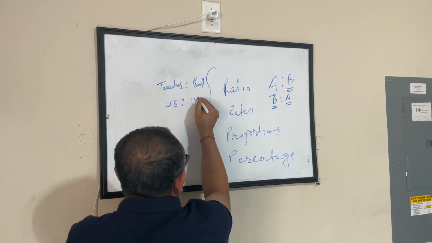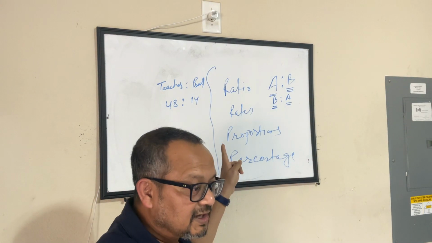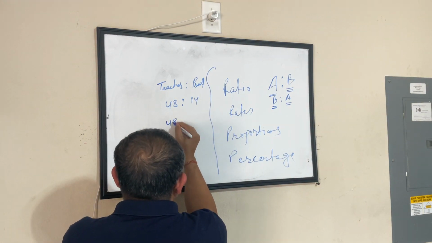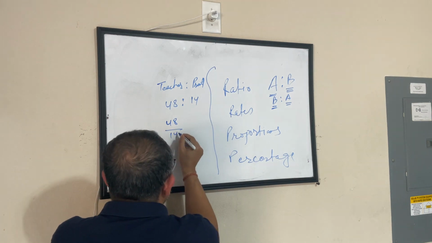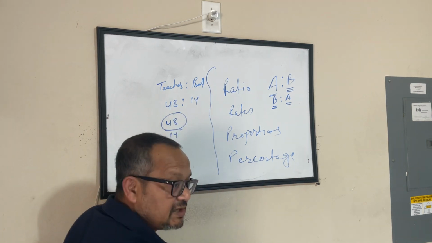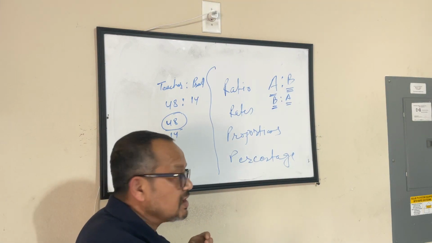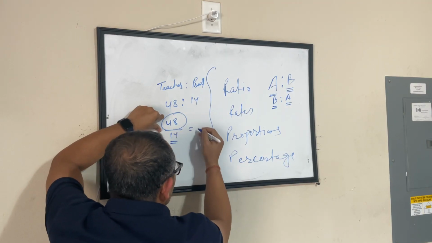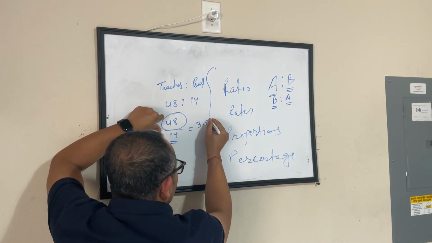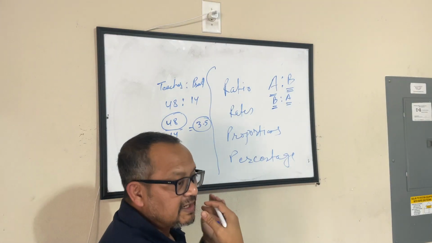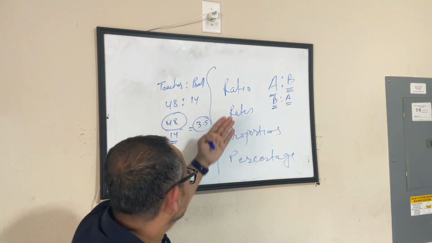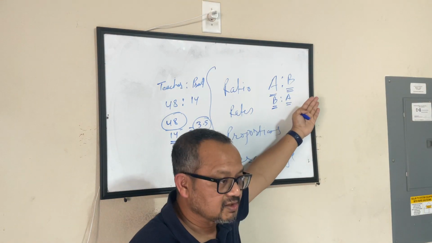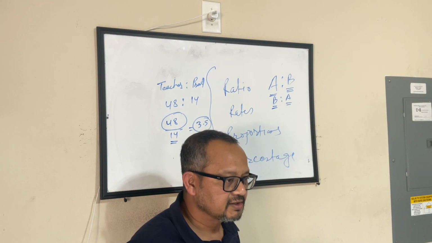Now when you look at this, this ratio gets more interesting because you're talking about 48 divided by 14, meaning how big or small is the age of the teacher compared to Pranit's age. And this is where you see it's almost like 3.5 times. So it gives you a view that when you are talking about two numbers, how big or small is one number compared to the other number. Is that okay?